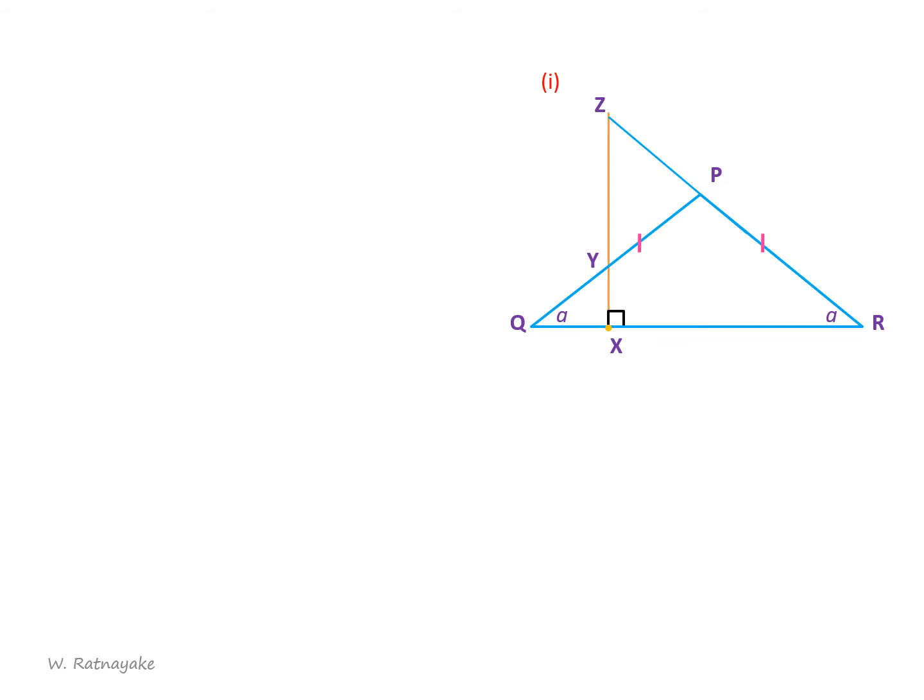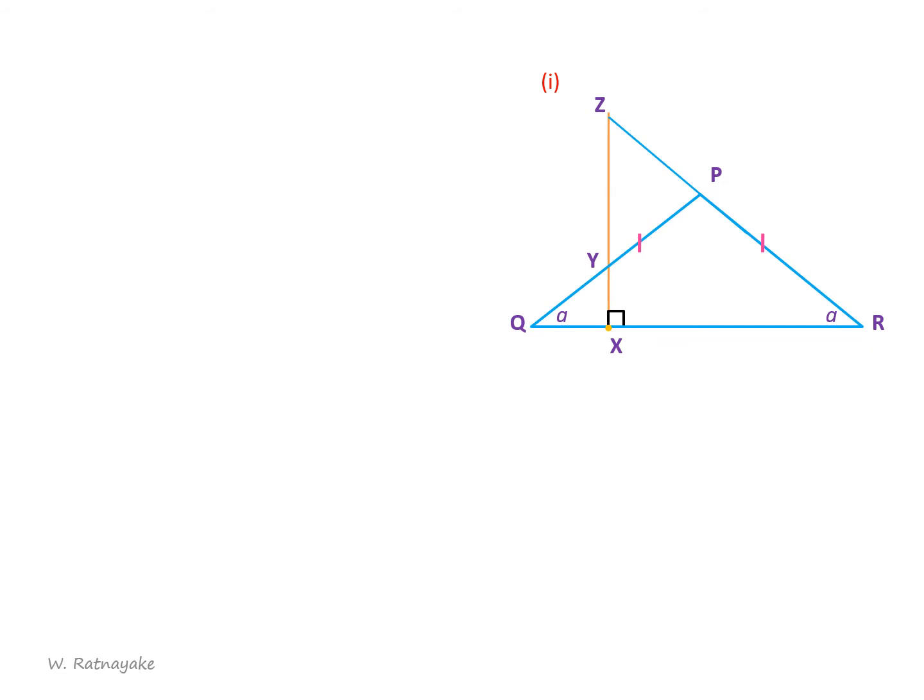Now you find two right angle triangles. One is RZX. In this right angle triangle RZX, angle X is a 90-degree angle, angle R is given as A, and we know that the two acute angles of a right angle triangle, in addition to this right angle, must add up to 90 degrees.